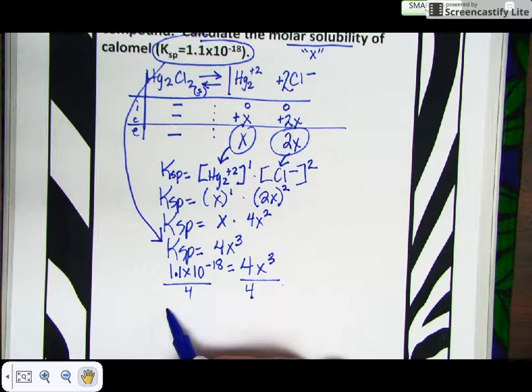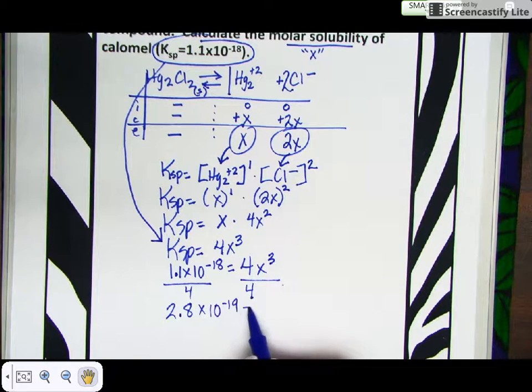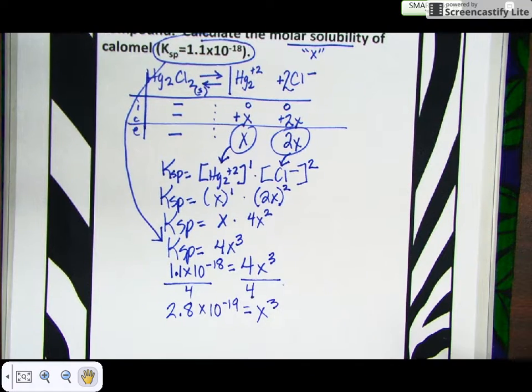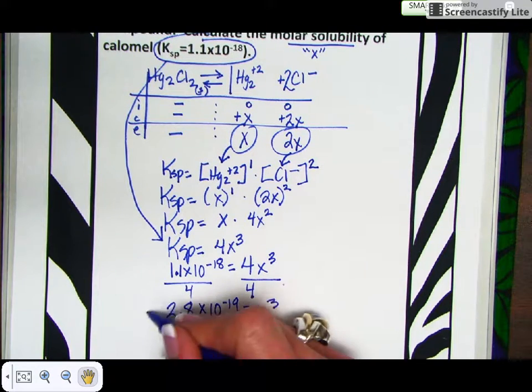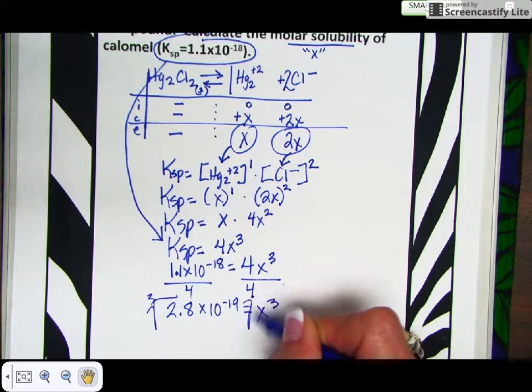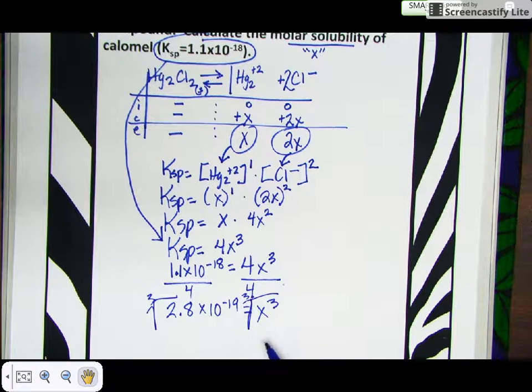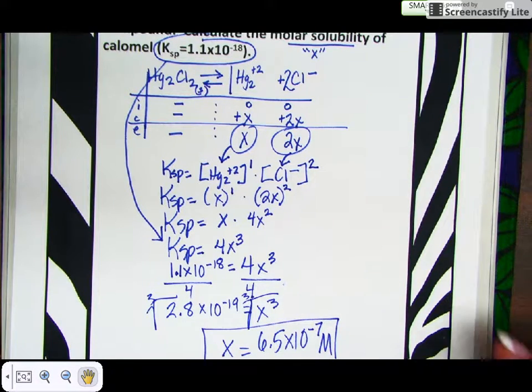That gives me 2.8 times 10 to the negative 19 equals x cubed. Take the cube root of both sides, and when you do that, you get your x value equals 6.5 times 10 to the negative 7 moles. And that's the molar solubility.